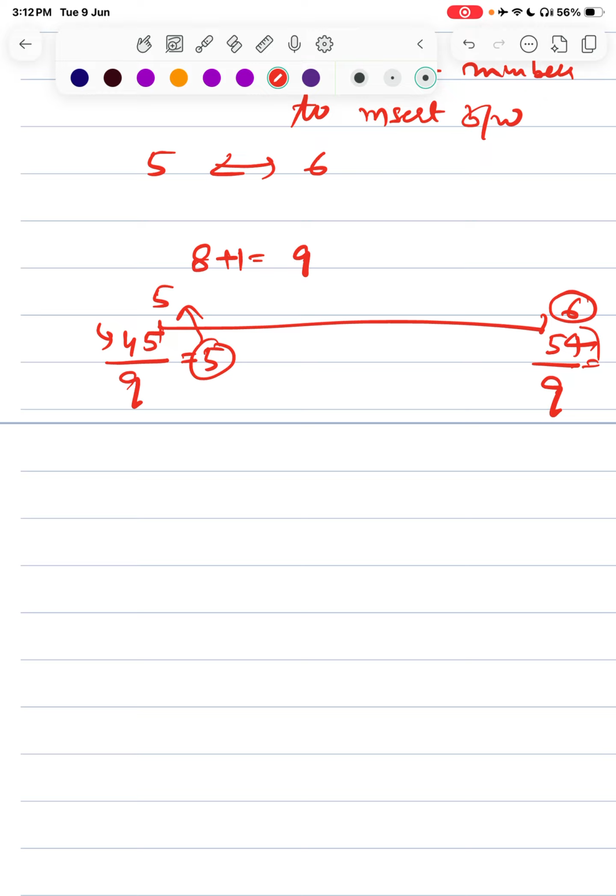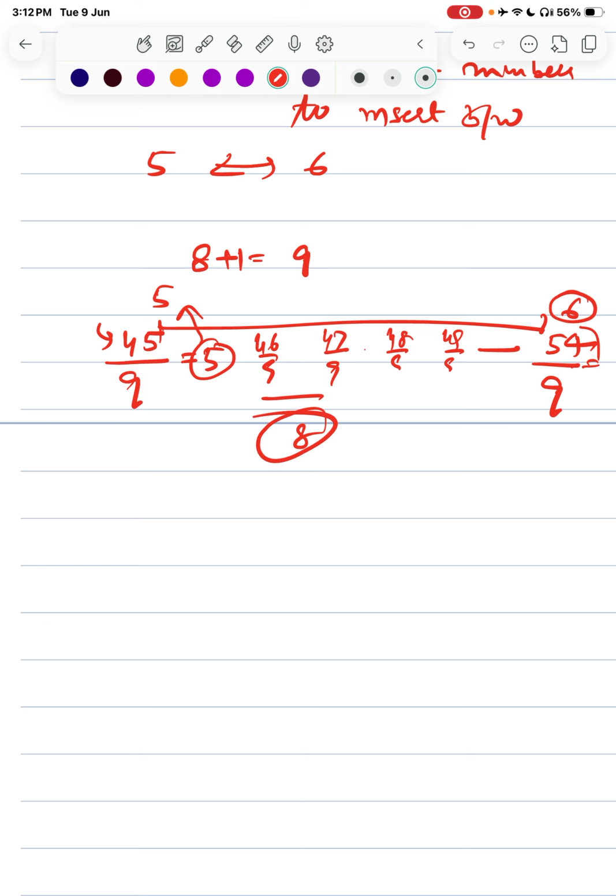Then the next number will be 46 by 9. Now keep on adding one to the numerator, so 47 by 9, 48 by 9, 49 by 9, and so on. You will insert 8 numbers. So these are the ways to handle such kinds of questions.